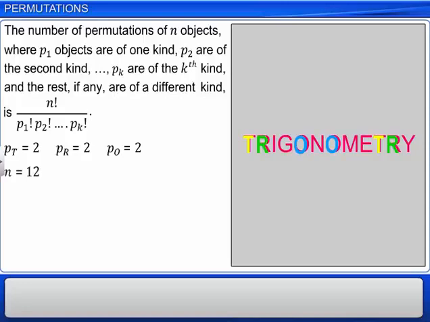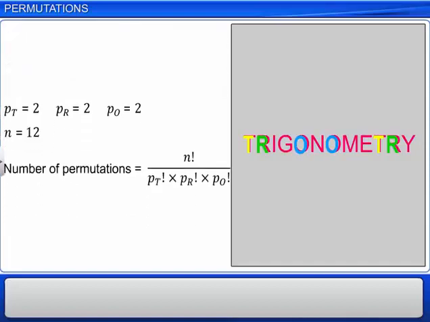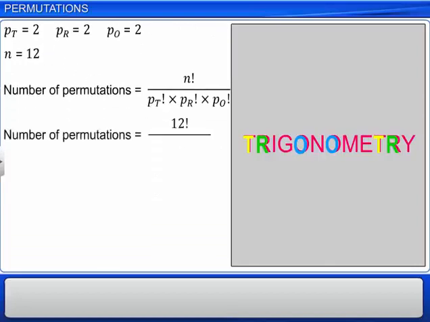This implies n is equal to 12. Therefore, the number of permutations of the letters of the word trigonometry is as shown. Substituting the values, we get the number of permutations as 5 crore 98 lakh 75,200. The specific case of the theorem is when some objects in a given set of objects are of the same kind.